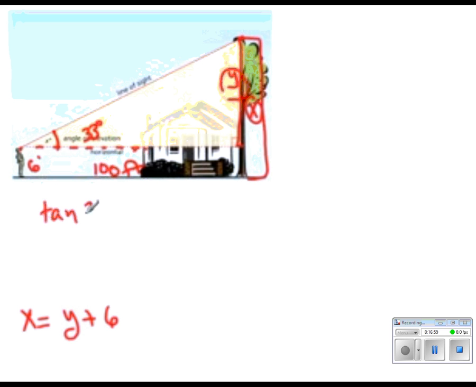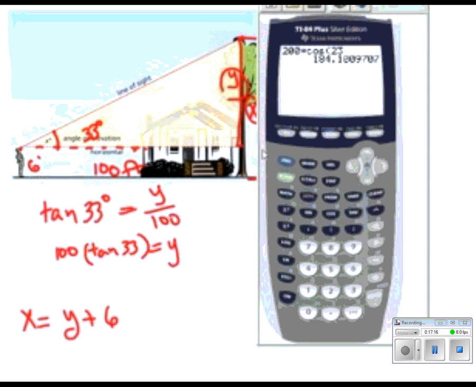So therefore it is the tangent. Tangent of 33 degrees equals opposite over adjacent. And once again, since the value is in the denominator, we are going to multiply. So we have 100 tan 33, and that is equal to Y.